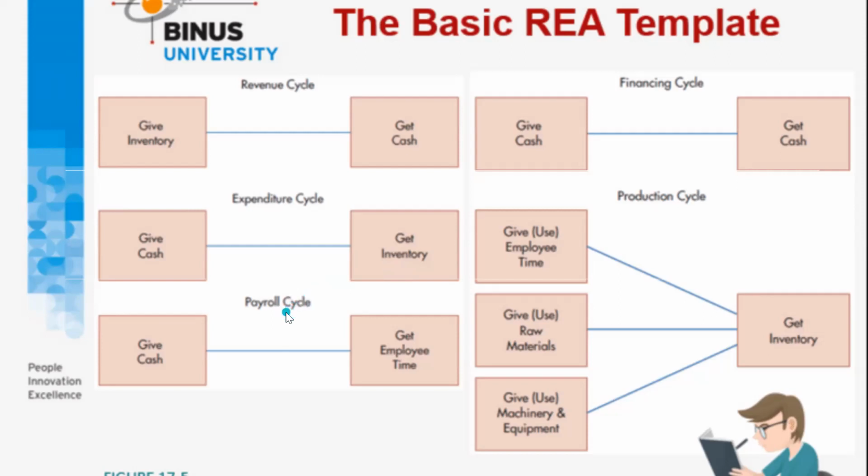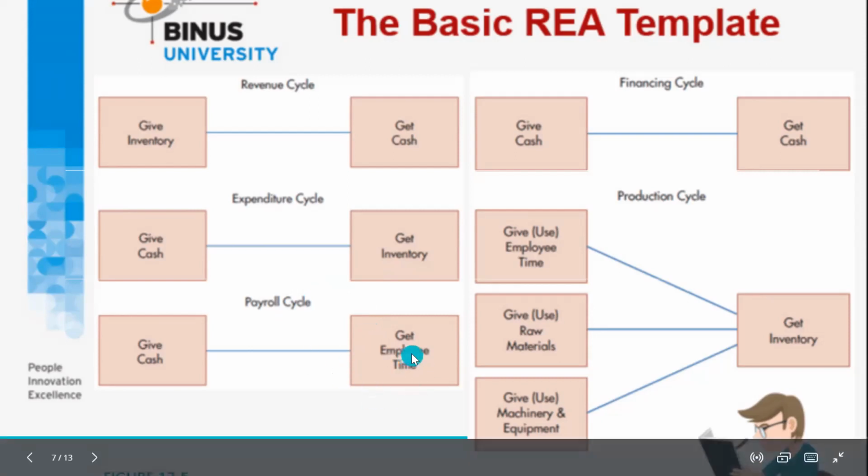Next one, payroll or human resources. The human resources cycle involves interactions with your employees. Employees are hired, trained, paid, evaluated, promoted, and terminated. So you give cash to the employee, like salaries or wages, every single month, and you get employee time.